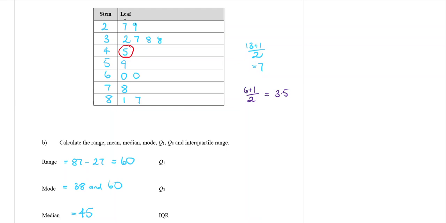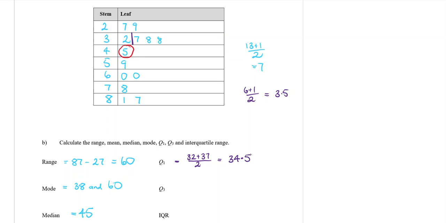So count down. 1, 2, 3 and 4. 3 would be 32. 4 would be the 37. So I draw my line, it's between them. And down here, I add them together and divide by 2 to find what the middle of those would be. So 32 plus 37 over 2 equals, you get 34 point, perfect, 34.5.